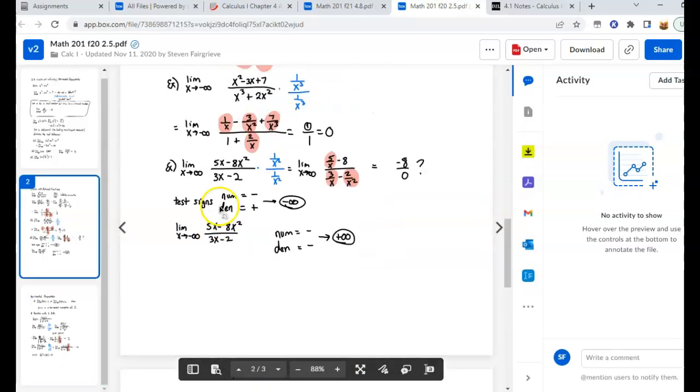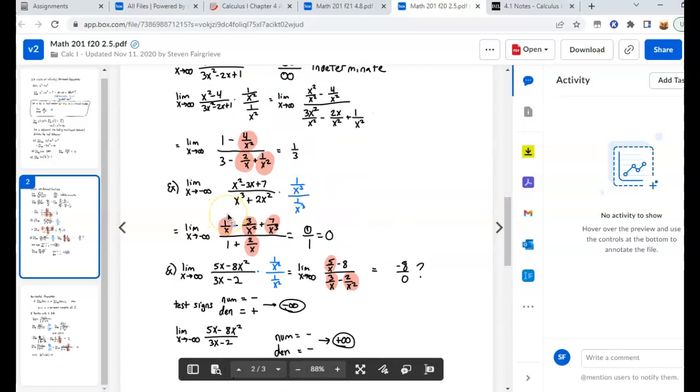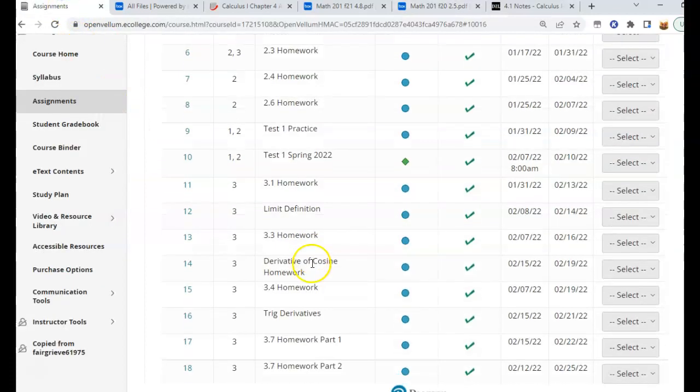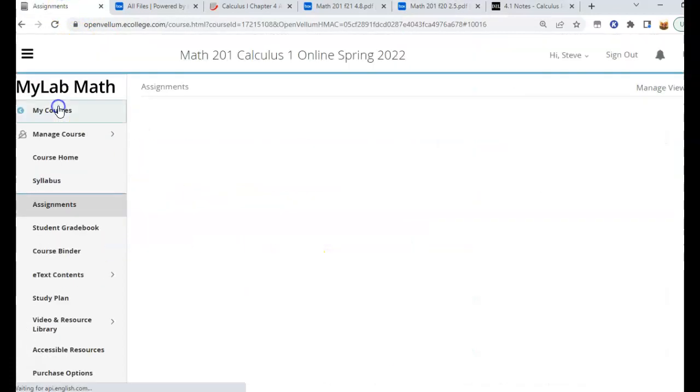So expect to have a couple of limits as you go towards infinity, which of course turn out to be horizontal asymptotes. Okay, so you have your practice problems up on my math lab, so you can check those out. And then your test will be available next week.